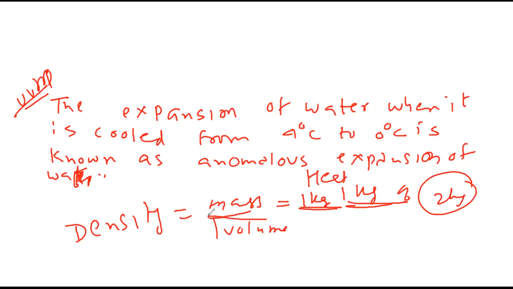What will happen to the volume generally on heating? Sir, because thermal expansion is there, na? So it will expand. So denominator when increases, suppose numerator is 4, 4, 4, don't get bored, huh? 4, 4, 4.